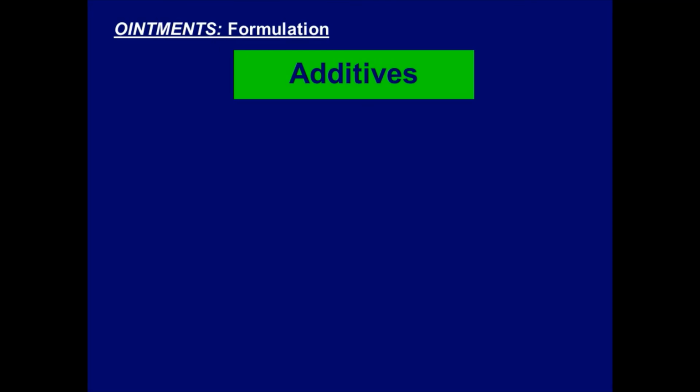Another component of the ointment is additives. Additives are added to ointment either to exert their action in the fatty components of the ointment, as antioxidants. Antioxidants do their action in the fatty components. They prevent oxidation and rancidity of the fats.